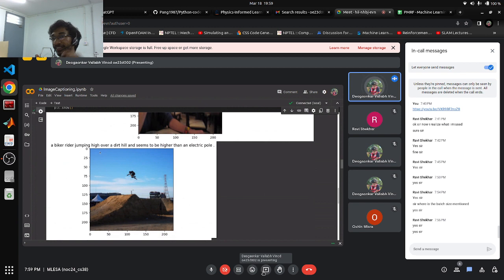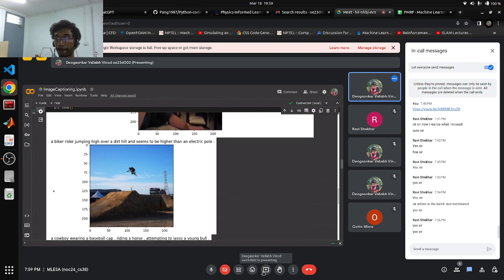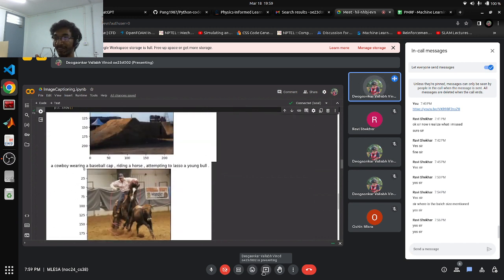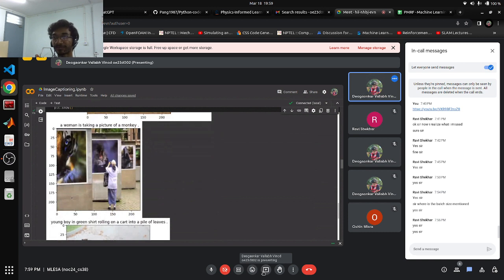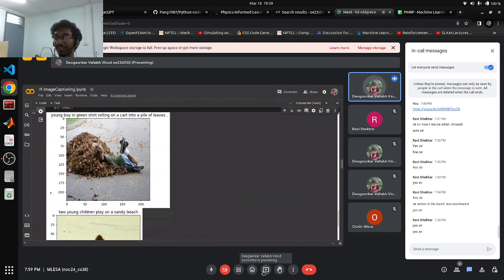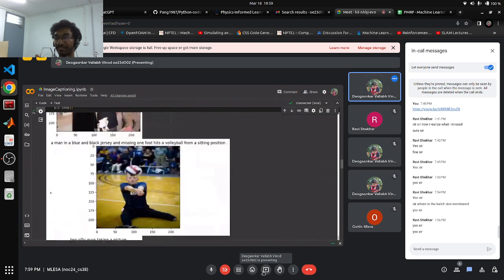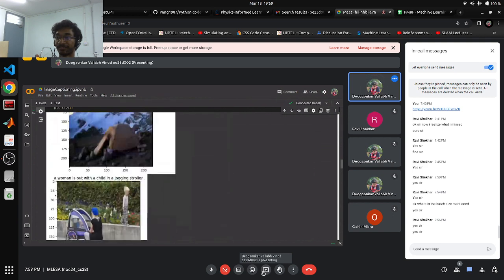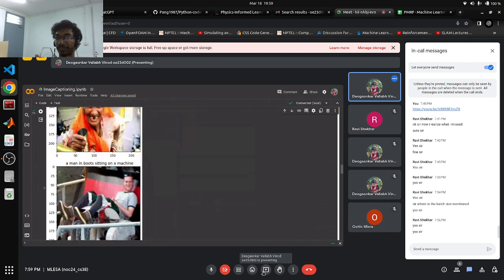This bike rider is jumping high over a dirt hill and seems to be higher than an electric pole. Different people must have put these captions in different ways. They must have decided to look at different things in the image, and depending on that, they have described the images. So as you can see, there are a variety of images here. Okay.